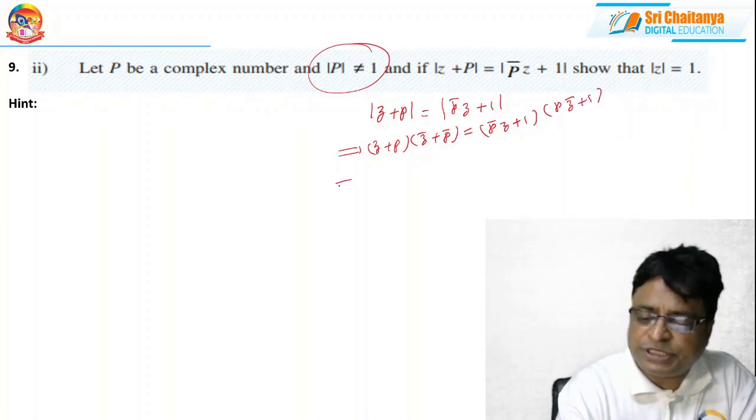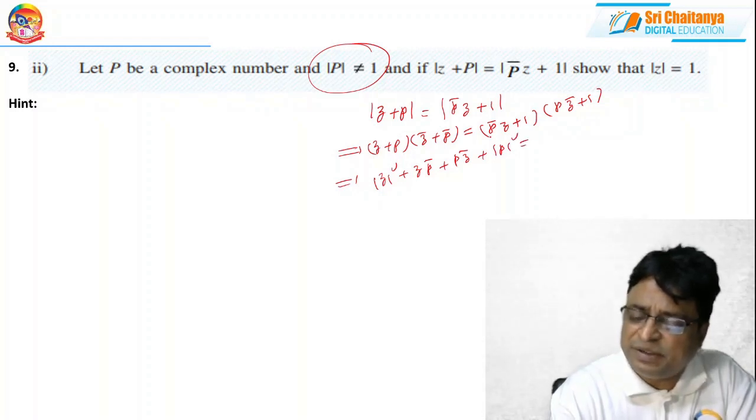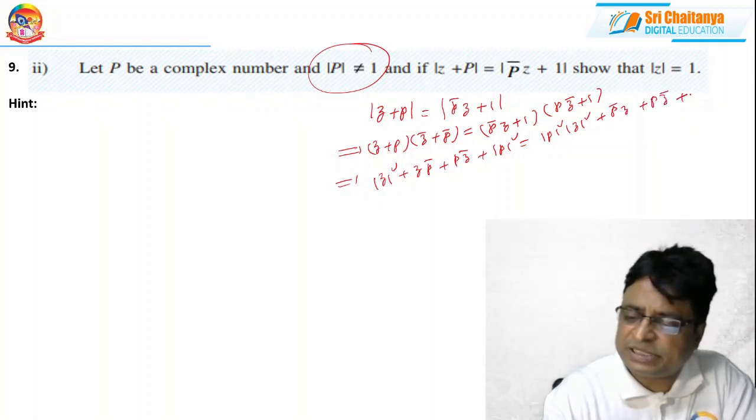Now what to do? You just multiply: z z bar, that is mod z whole square, plus z p bar plus p z bar, plus p p bar, mod p whole square. Routine steps. P bar z into p z bar, that is mod p square mod z square, plus p bar z plus p z bar plus 1.